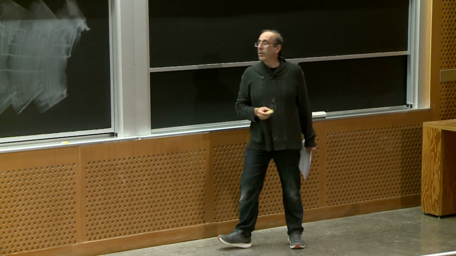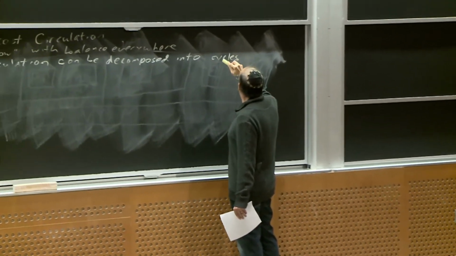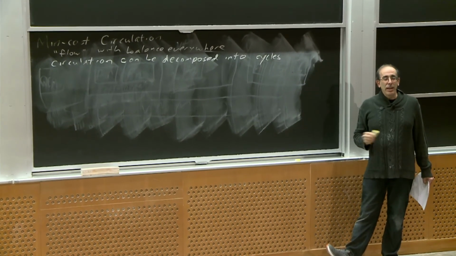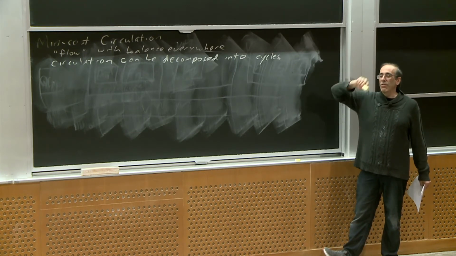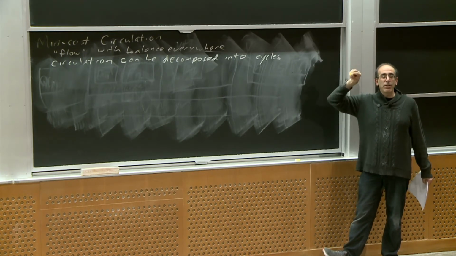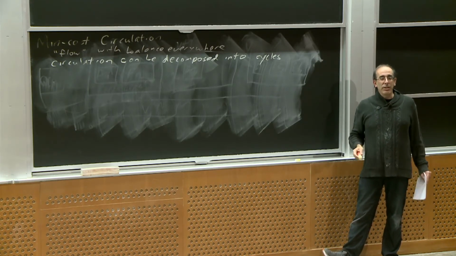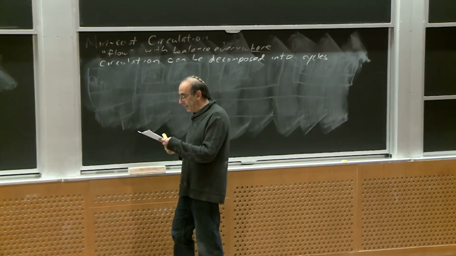Yes, only cycles, right? If you go back and look at the decomposition algorithm, the only way you get paths is if you get stuck at S or at T. And there is no S or T in a circulation. So you'll traverse the circulation until you get back to a vertex you've seen before, and that gives you a cycle. And you just keep peeling off cycles, right? So this is already more elegant, that you don't need to talk about paths at all, but only about cycles.